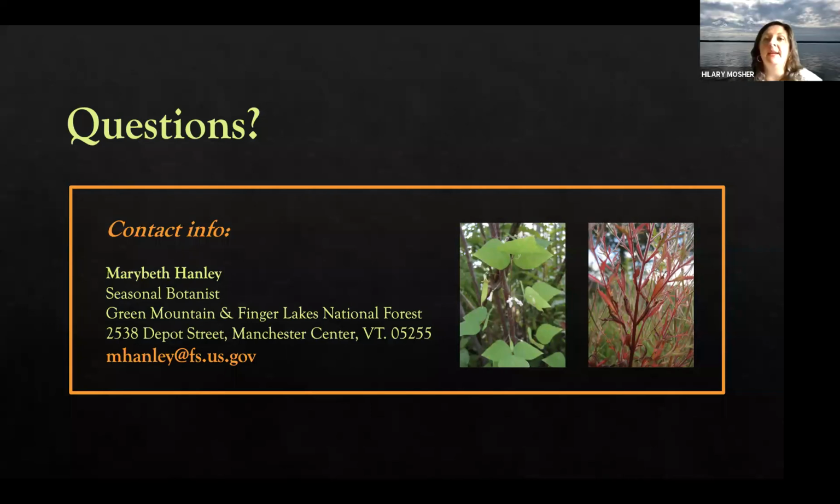Sure. And do you know any good places to get seeds of native species to reseed a reclaimed piece of land? I know there's a wetland seed company in Amherst, Massachusetts, that's well known, but I don't know specifically in New York.